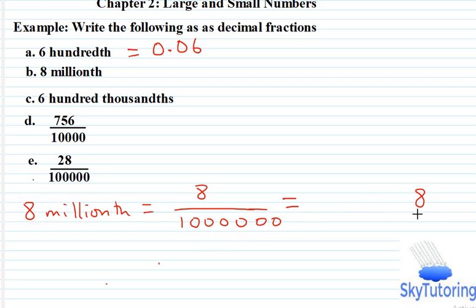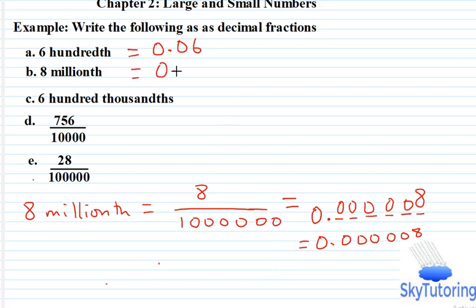So I'll move 6 places to the left: 1, 2, 3, 4, 5, 6. My decimal point will be after the 6th place. So I'll add my 0, then 0, 0, 0, 0, 0. So that will be 0.000008. Let's see the next example.